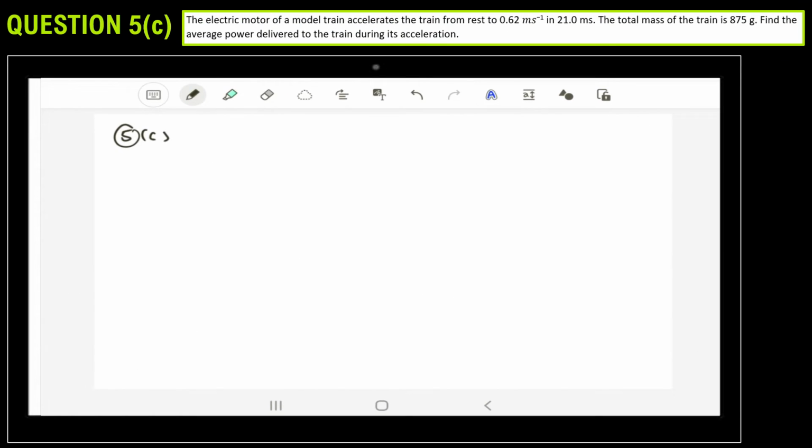Okay, question number 5C, we have the electric motor of a model train accelerates the train from rest, okay, to 0.62 meter per second in 21 milliseconds.